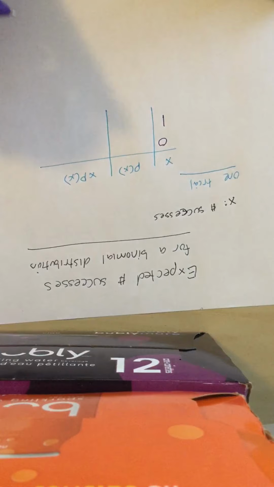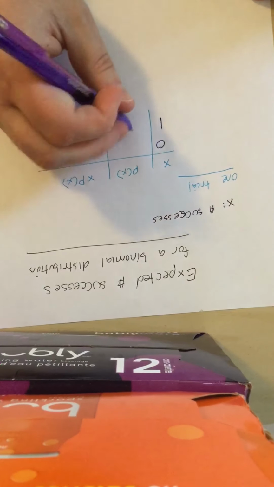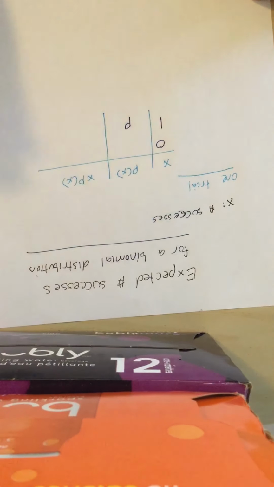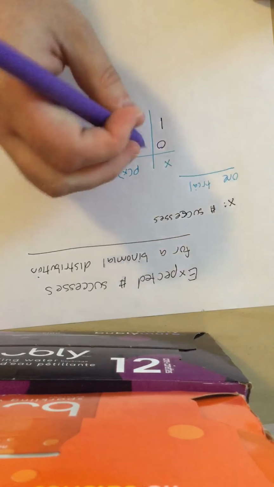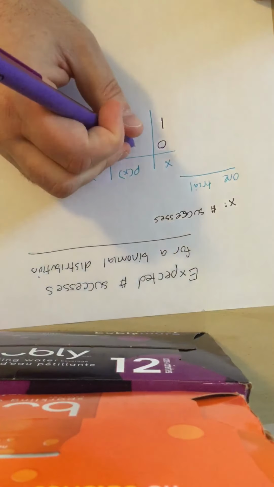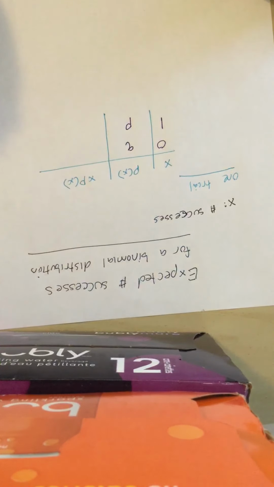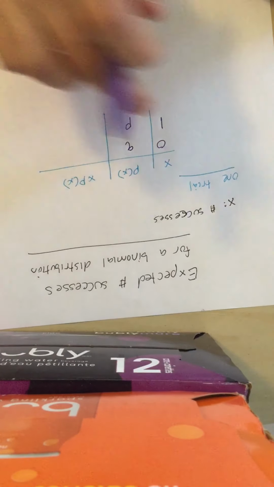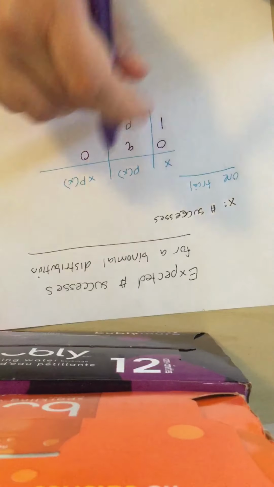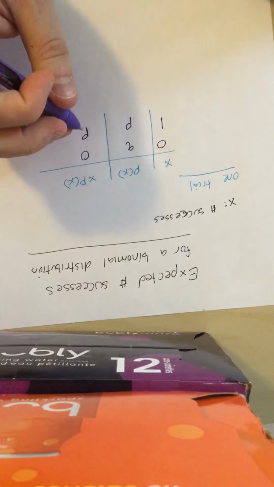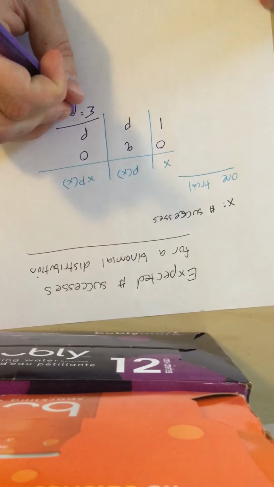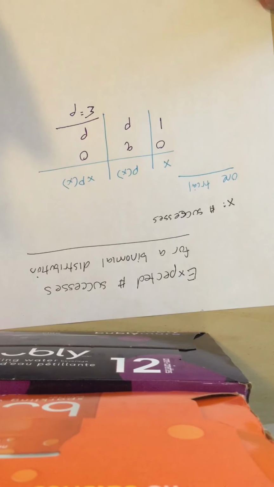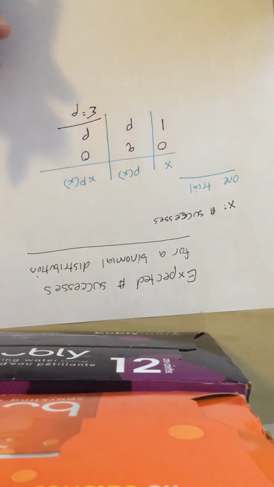And the probability of having 1 success is defined as P. Remember, P is the probability of success for a binomial distribution. And the probability of no successes is the same as the probability of failure, which is going to be Q. And then 0 times Q is 0, and 1 times P is P. And if we add them up, we get that the sum is P. So the number of successes we expect from one trial is P.